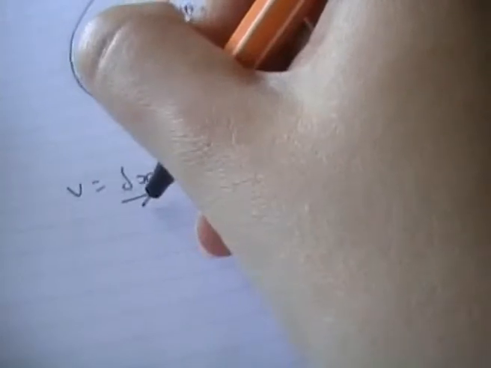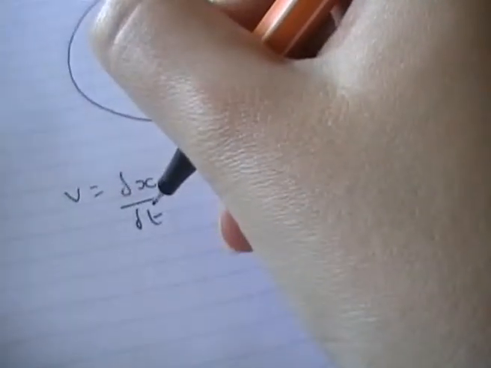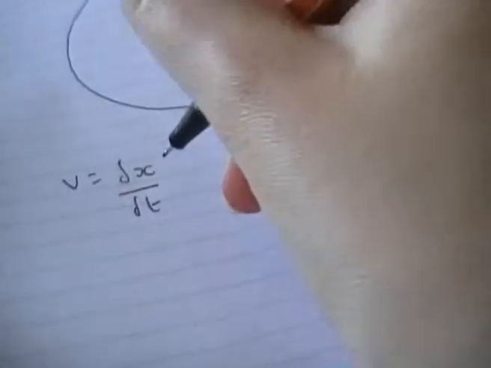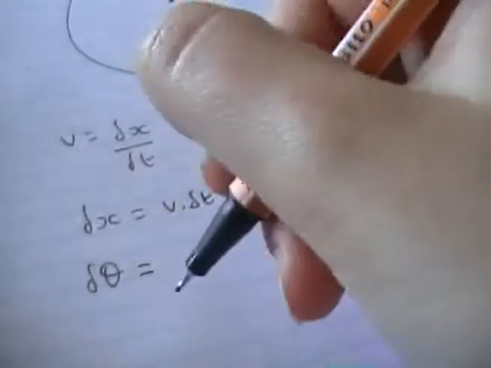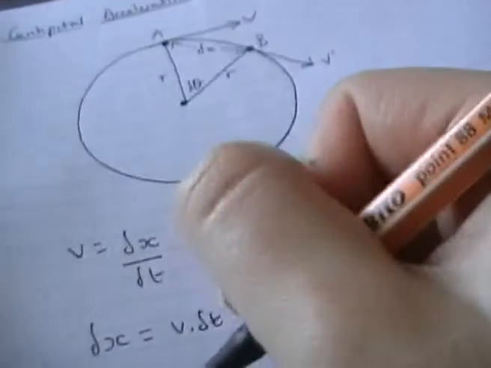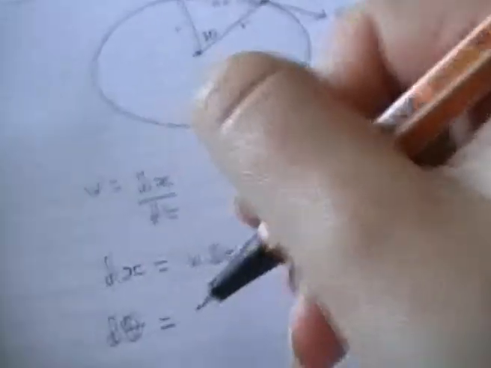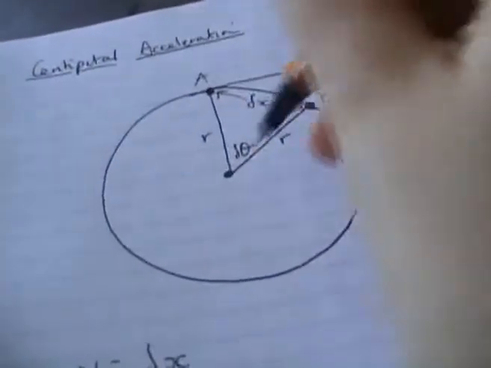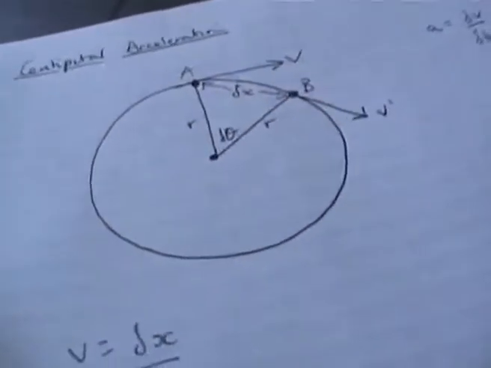Okay, velocity is the change in distance over time. Now let's multiply through by delta t, so make delta x the subject. So delta x equals v delta t. But we also know that delta theta is the arc length divided by the radius, when theta is in radians, because that is the definition of a radian, basically, that the arc length divided by the radius will give us theta.